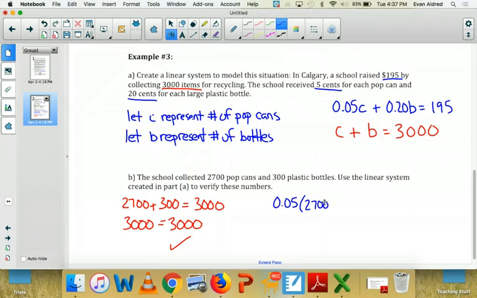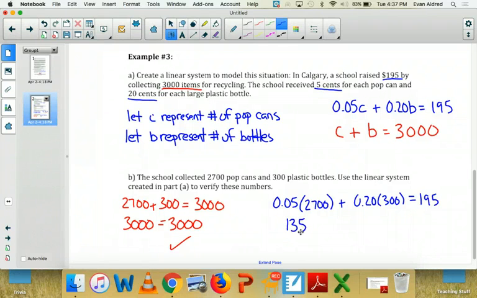Remember to check both equations. Just because it works with one doesn't necessarily mean that it will work with the other. Oftentimes it will, but don't take the lazy route and don't check both. Make sure you're checking both.